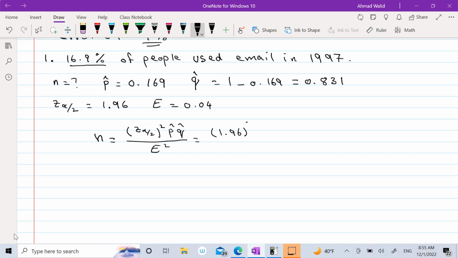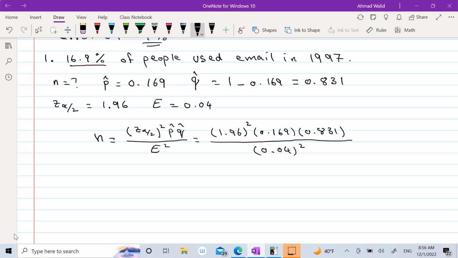1.96, your Z alpha over 2, squared. Do not forget to square it, times your p hat 0.169 times q hat 0.831, all over E squared, 0.04 all squared.